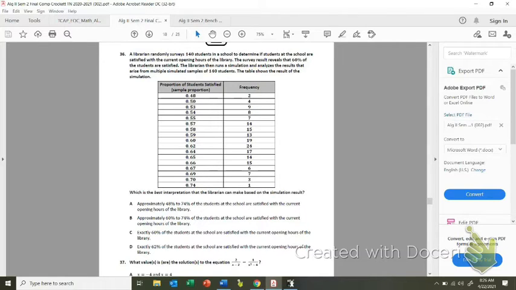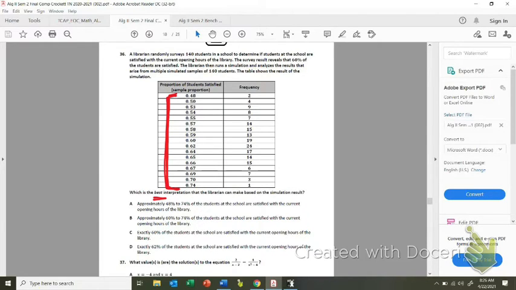All right, so the actual question says, which is the best interpretation? All right, when it says which is the best or which is the most, all of the answers are what? They are all right. But there is one that is better than the other. Okay? Look at all these proportions, or all these percents, decimals.